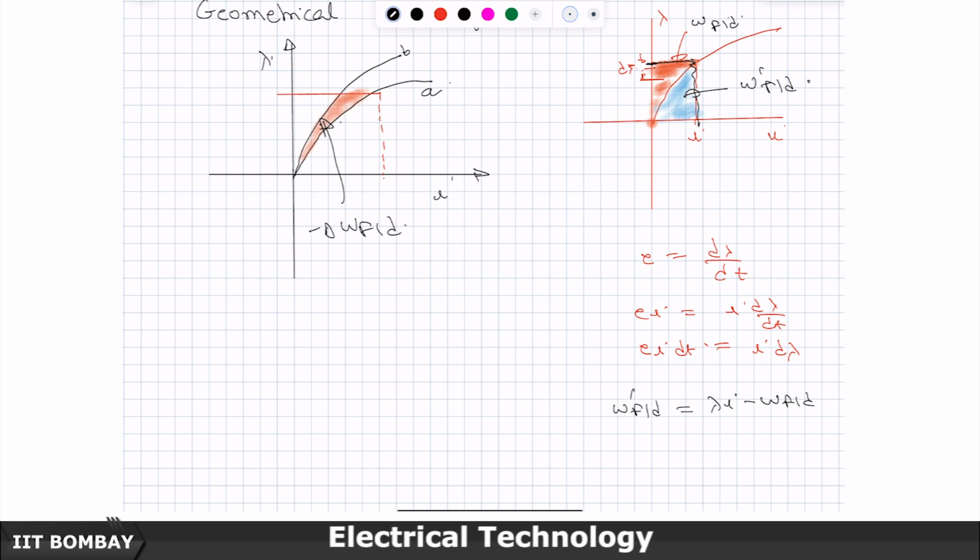Why minus? Because delta WFLD is final minus the initial, but this area which we have shown here is actually initial minus the final. Because it is initial minus the final, it is the negation of the change.